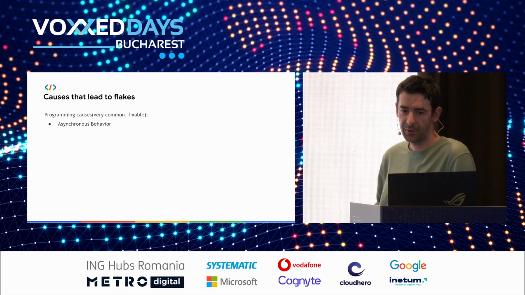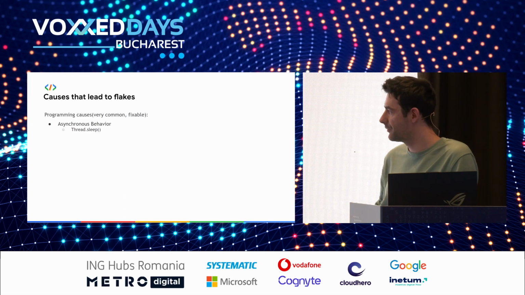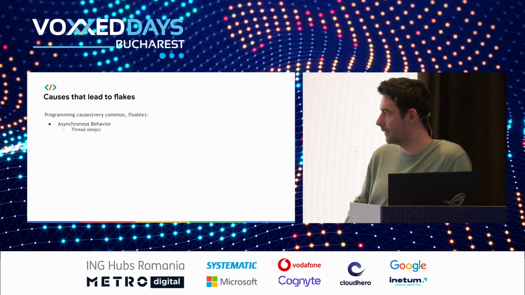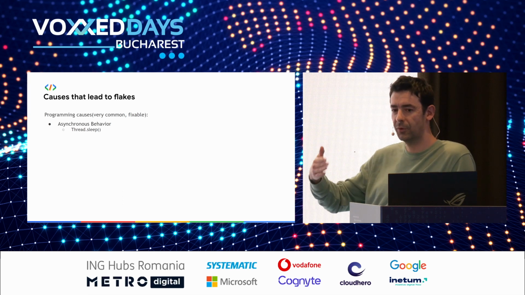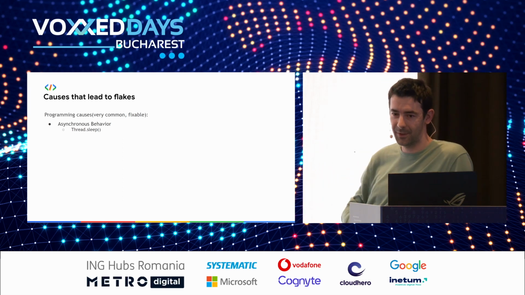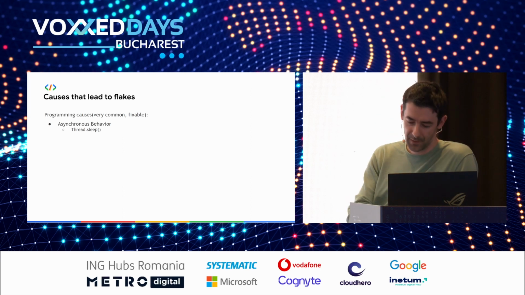You cannot really escape it. One way to summarize asynchronous behavior is thread sleep. This is obviously in a Java context, but it would work in a Python, Golang, JavaScript context as well. Usually you are waiting for something, but that something is asynchronous. The combination between those is usually the most common reason why tests become flaky.